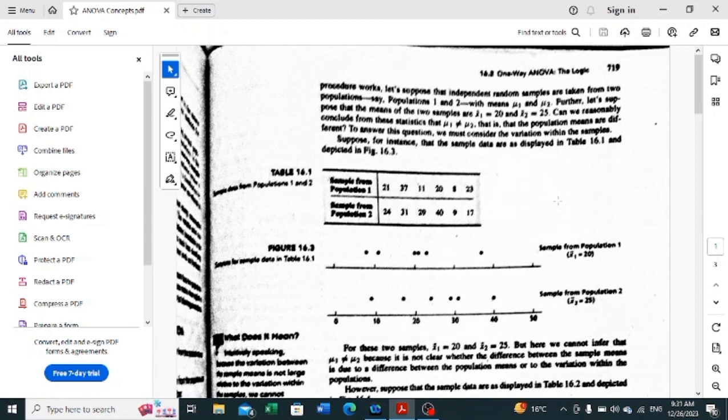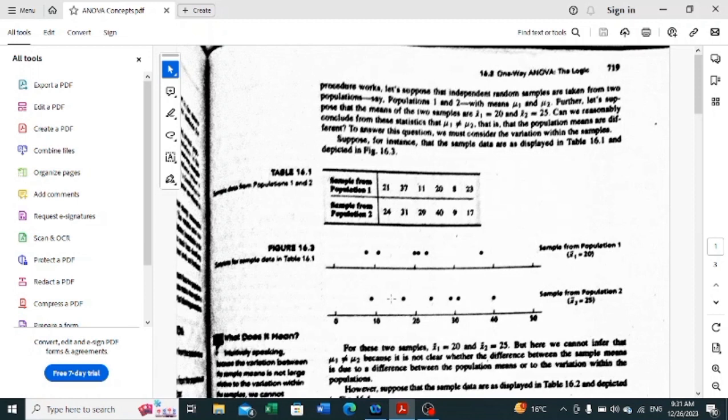The sample data that has a mean value of 20 has a representation of values greater than 20 as well. Similarly, for the second data set, which has a mean value of 25, we can easily observe that the data also contain values below the mean value of 25.